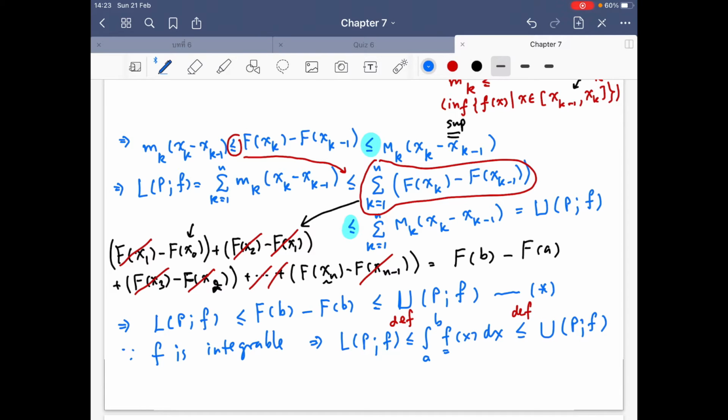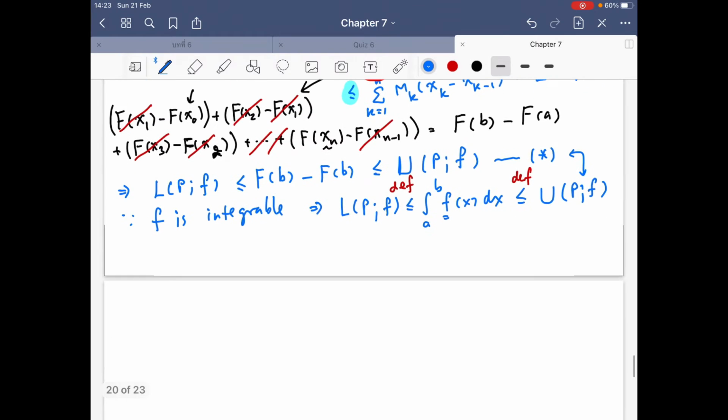Okay, so let us combine these two conditions, I mean the relations, together. We are going to have the integration from a to b of the function f minus F(b) minus F(a), the capital F at b and capital F at a, will be less than or equal to U(P,f), right?